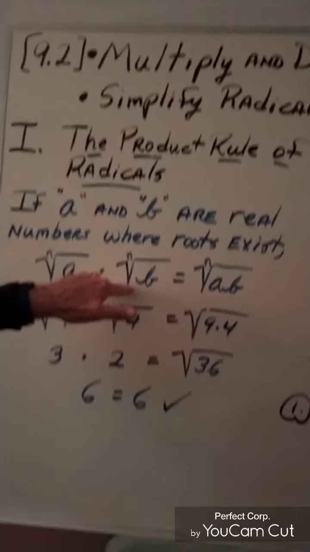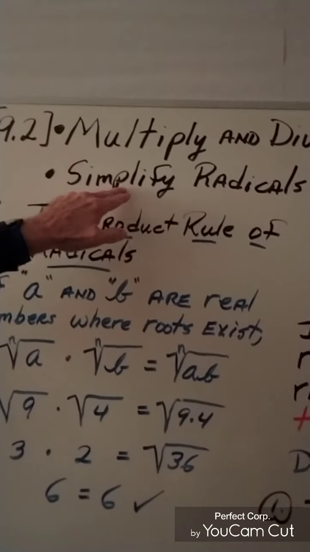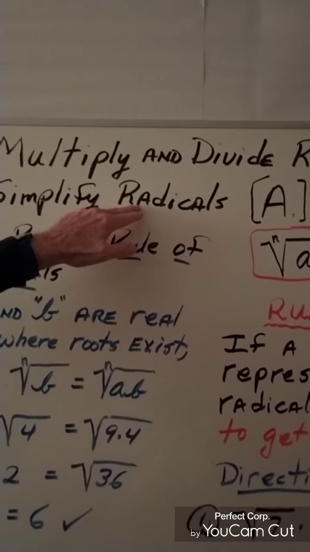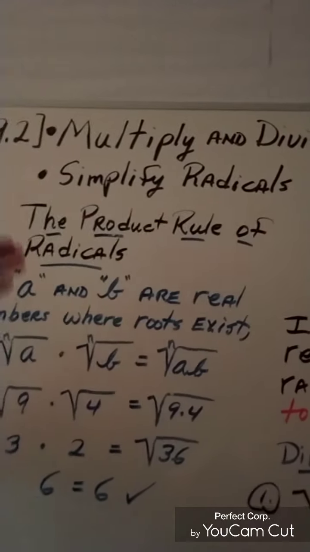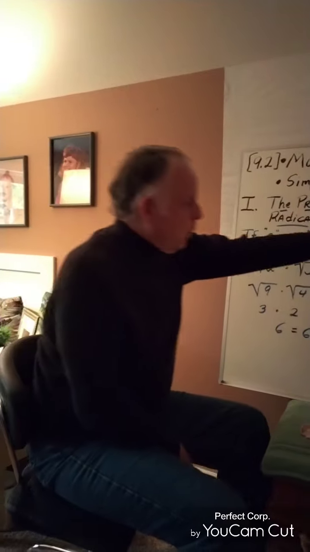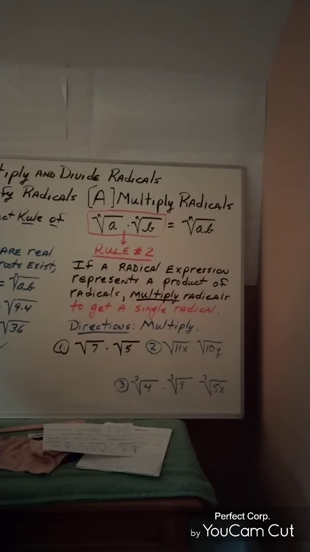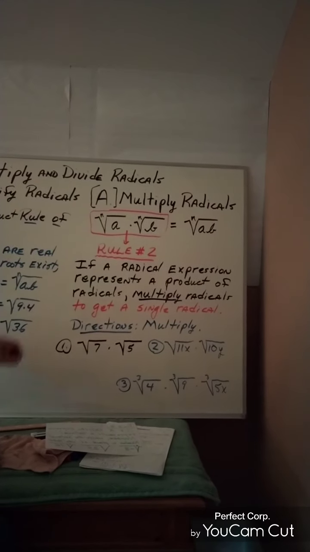And the second thing that this property will allow us to do is to simplify a radical or simplify radicals that also involve multiplication. So now we're going to go over here on this side and we're going to do the first objective of the product rule of radicals.